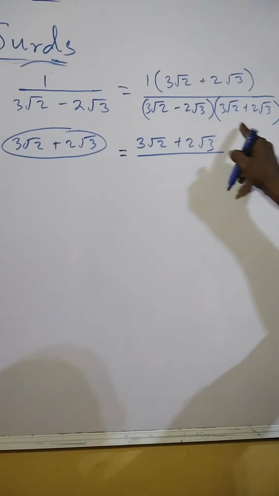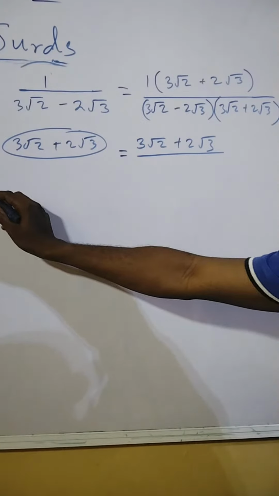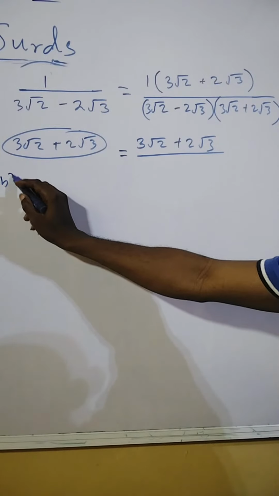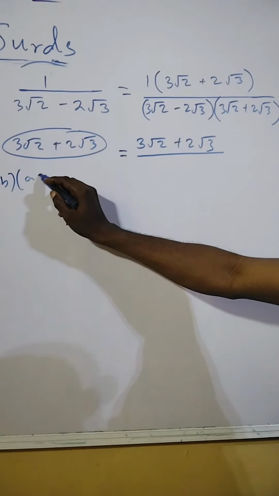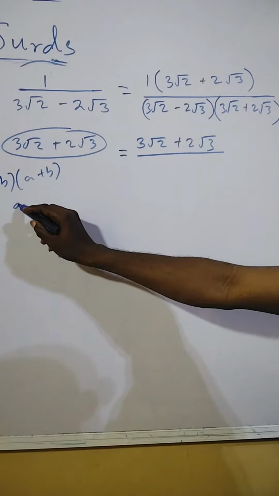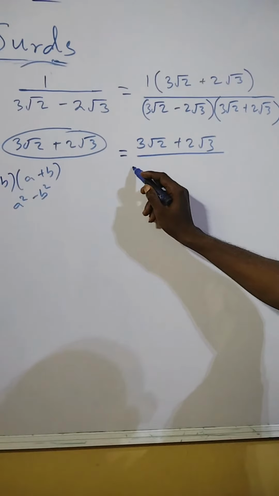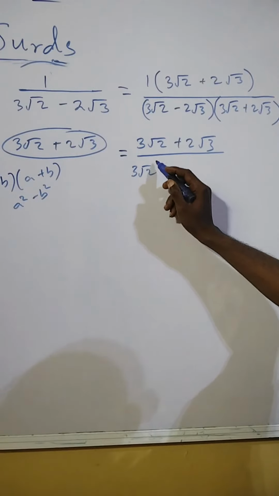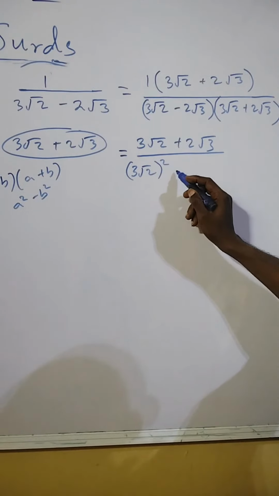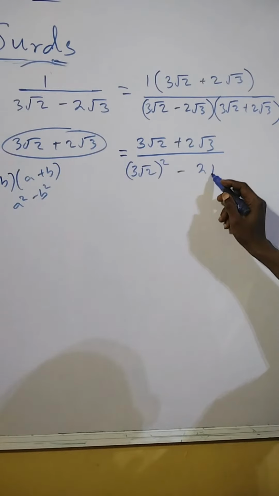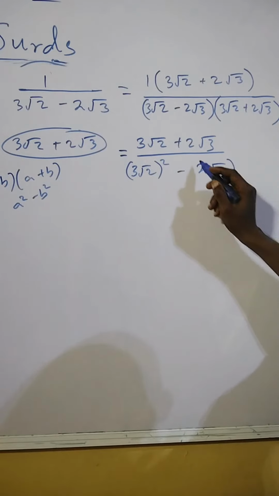Now these are conjugate surds, which follow what we have from a minus b into brackets, open bracket, a plus b, which is the same thing as a square minus b square. Now here a is 3 root 2, all squared, minus b, which is 2 root 3, also all squared.